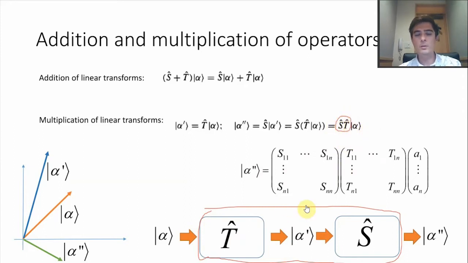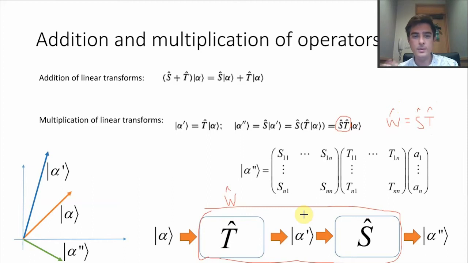If we call it W, then this operator W is equal to operator S times operator T. Notice that the order of these things is actually the opposite of the order that we're writing it here.